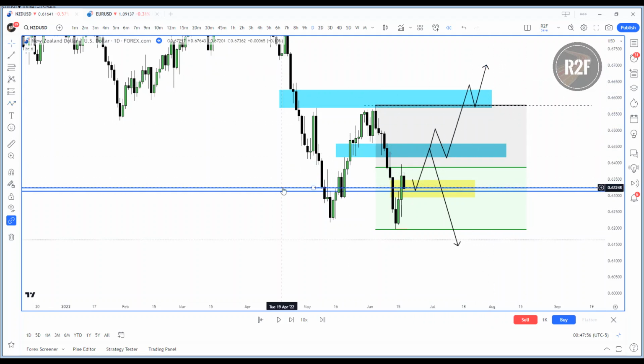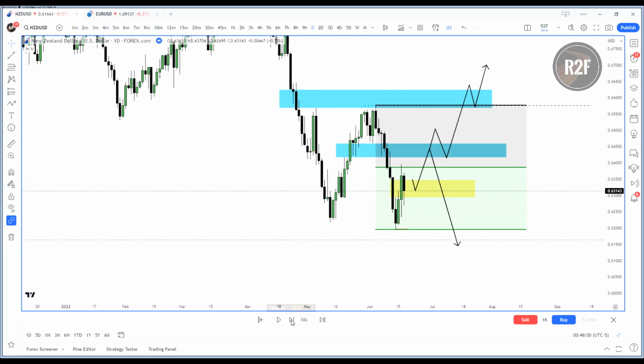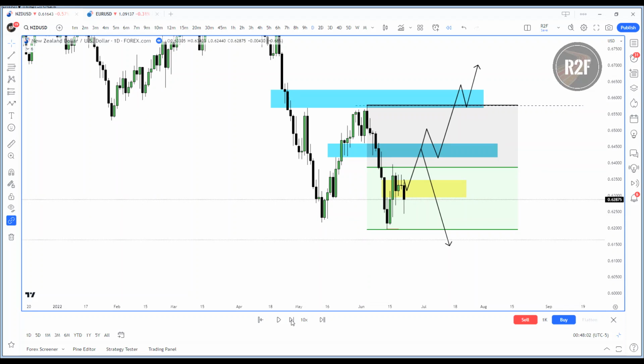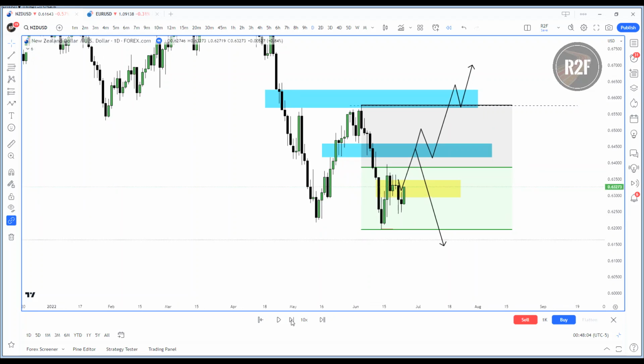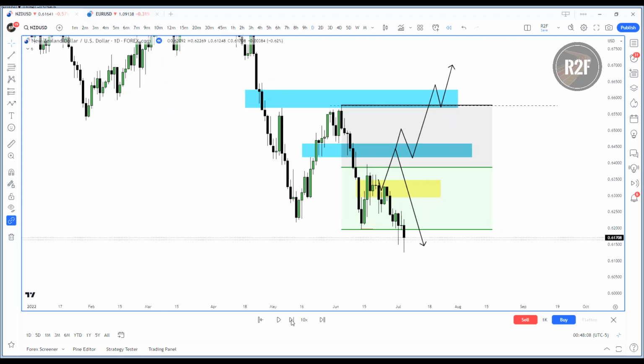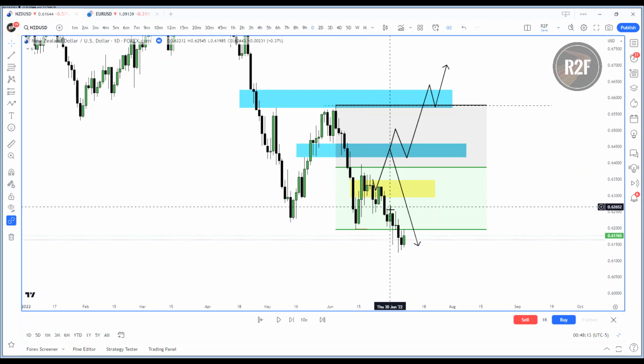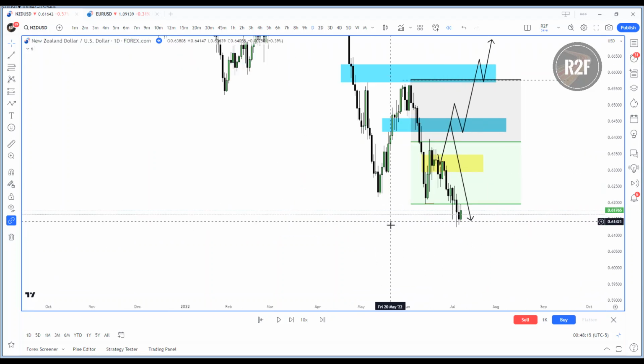Let me move these blue lines and then we can see what happens. Wicks down. Alright. So we just use this gap as resistance and continue lower from there.